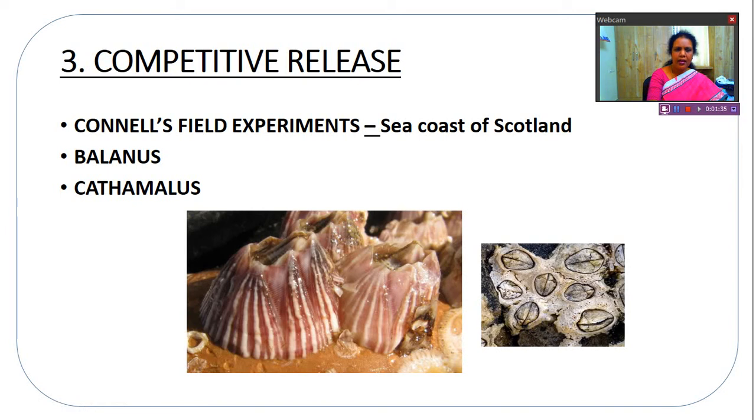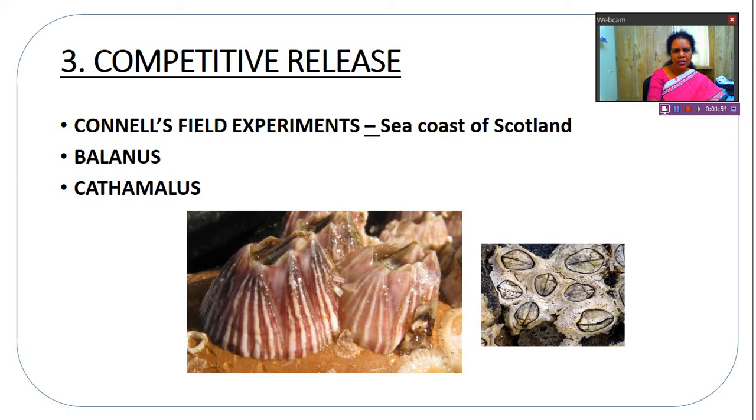But in the field experiment, what they did is they removed Balanus, which is the superior one. So when superior organisms are removed or released, what happens? The inferior ones increased.